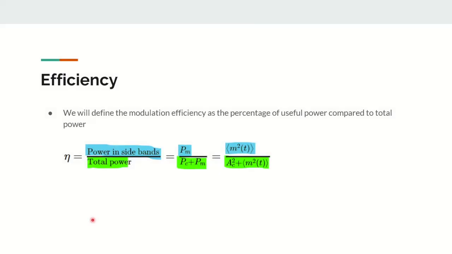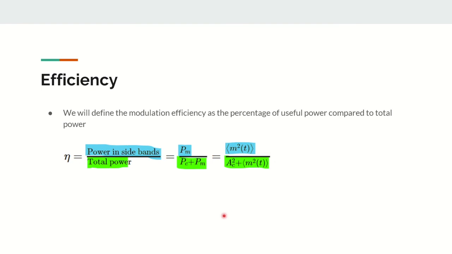So with that information, we can actually do an efficiency analysis on our AM signal. So our efficiency N is going to be the power in the sidebands divided by the total power, which is going to be PM divided by PC plus PM. And if we work out the math, it actually turns out that the maximum efficiency of our AM signal, at best, theoretically, is going to be 50%.